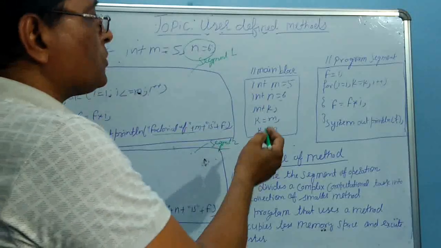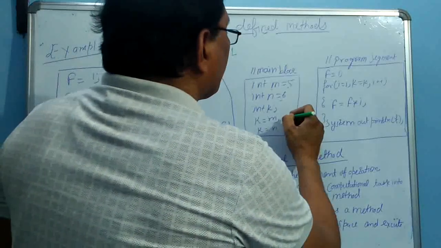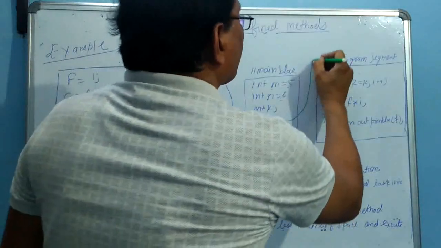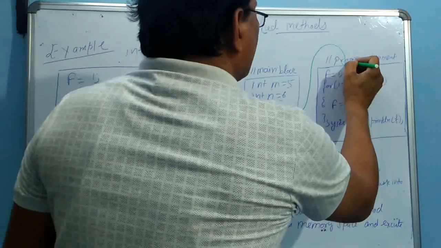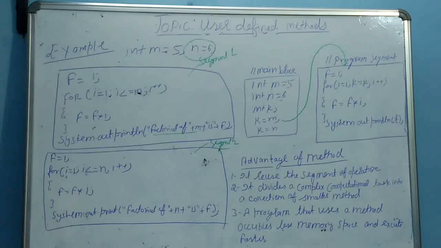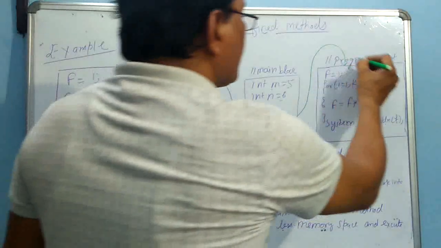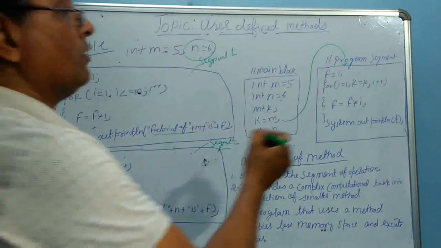So the value of m will be transferred into the program segment block, and after that it will calculate the factorial of m.